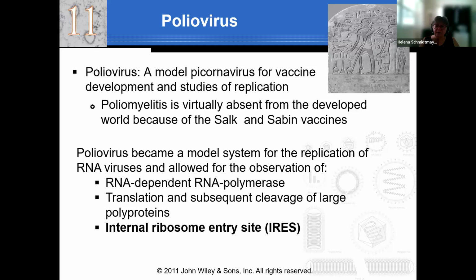Poliovirus has circulated on Earth for thousands and thousands of years. As you can see in this picture from ancient Egypt, it depicts a person who most probably was paralyzed because of infection with polio. Also, FDR, our president from 1933 to 45, was in a wheelchair because he was paralyzed after polio infection.